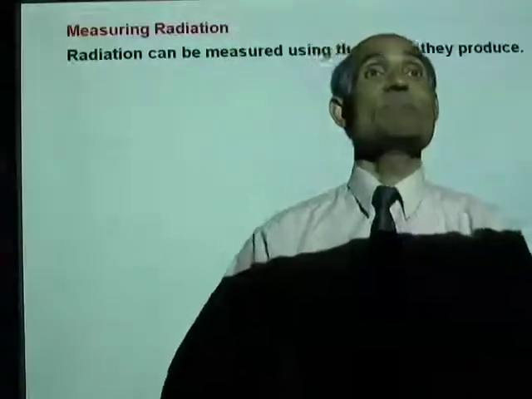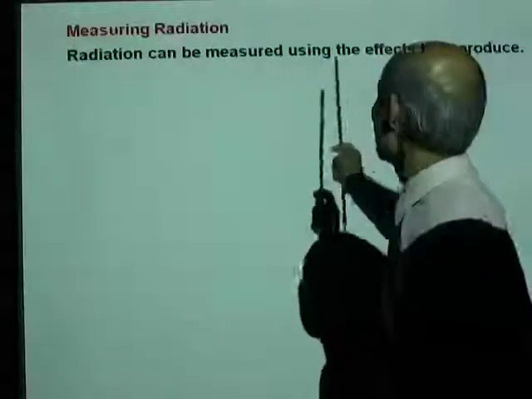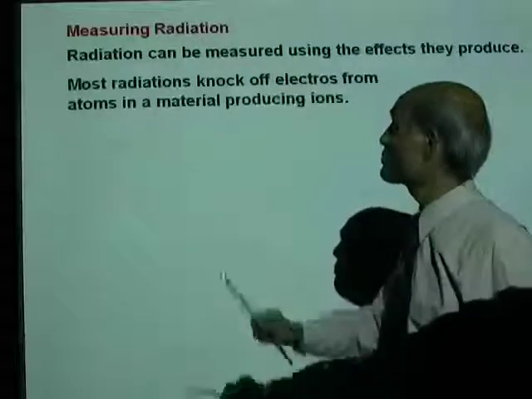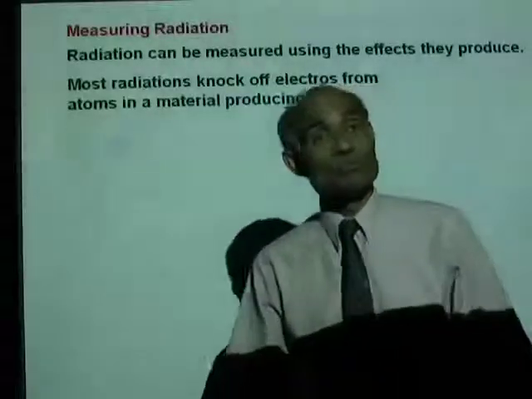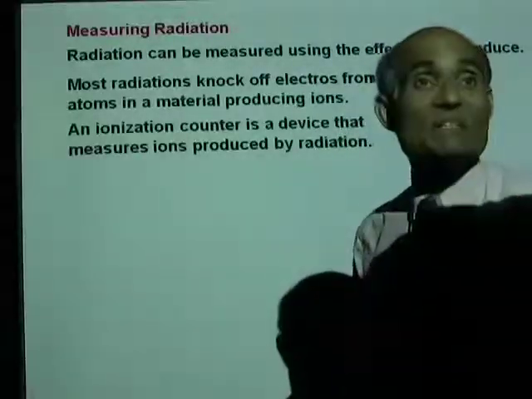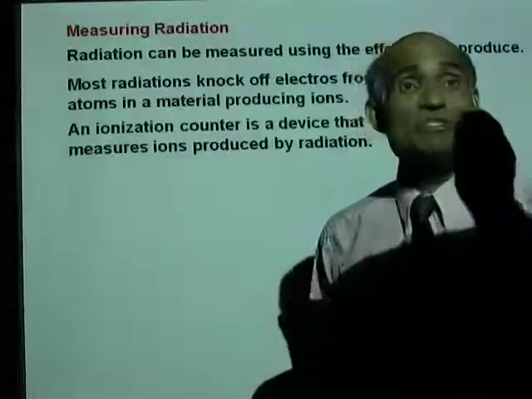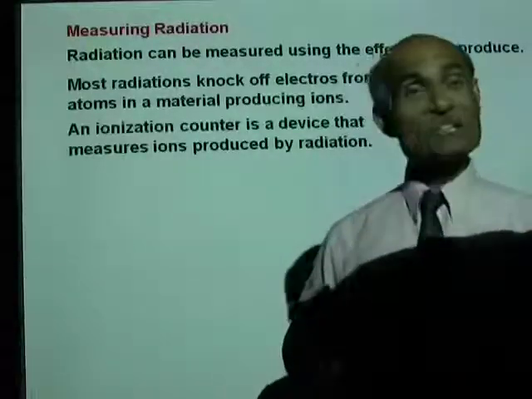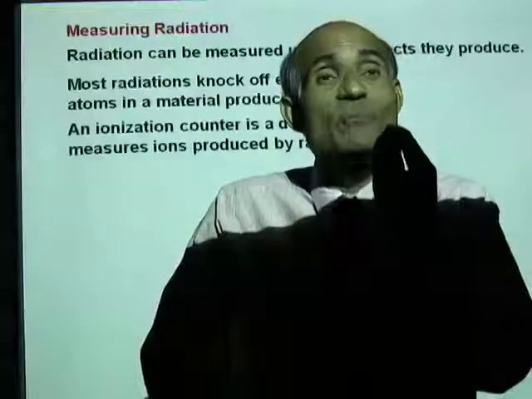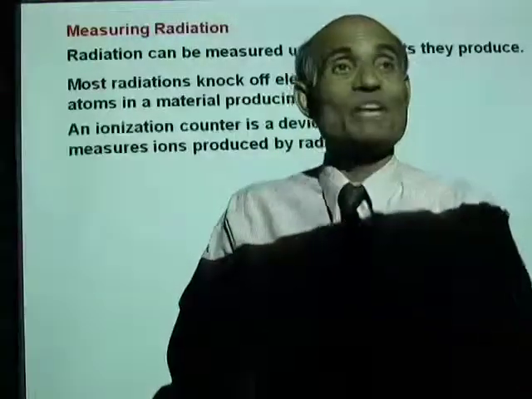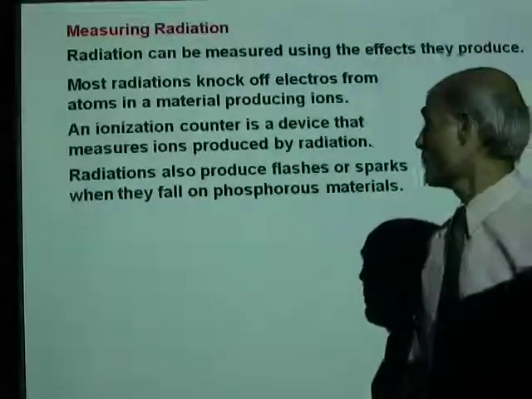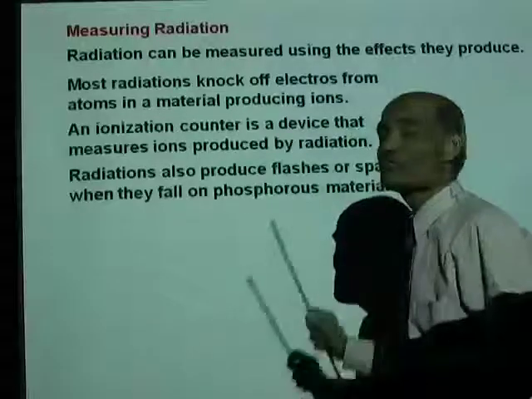So radiations can be detected or measured using the effects they produce. Most radiations knock off electrons from atoms in a material, producing ions. An ionization counter is a device that can detect and measure ions produced by radiation. So obviously, a radiation detecting device makes use of the ionizing properties of radiation. Radiations also produce flashes or sparks when they fall on phosphorus materials.